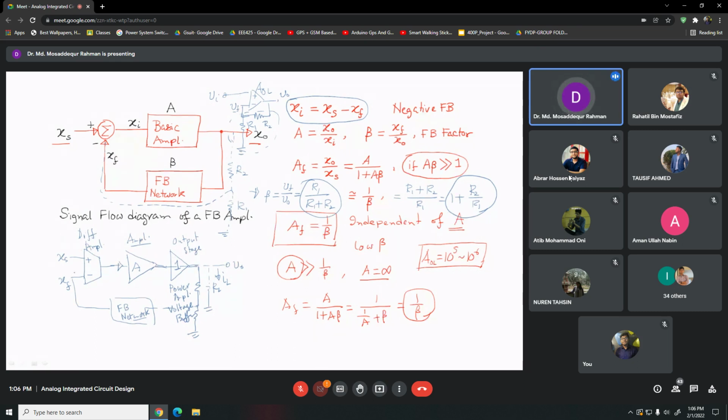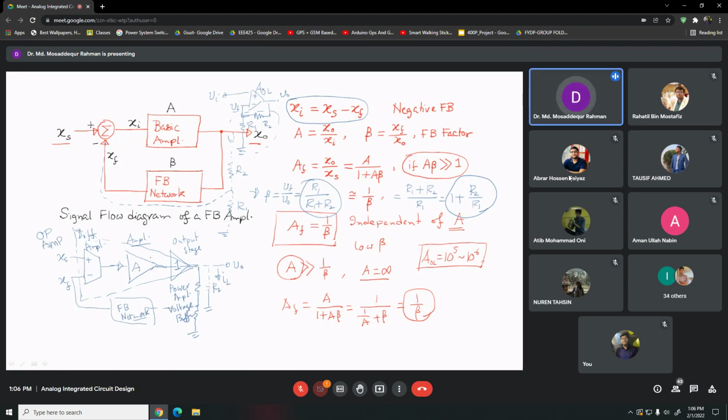So all these three components together make our what is known as the op-amp, right? So these three together is our op-amp, right?